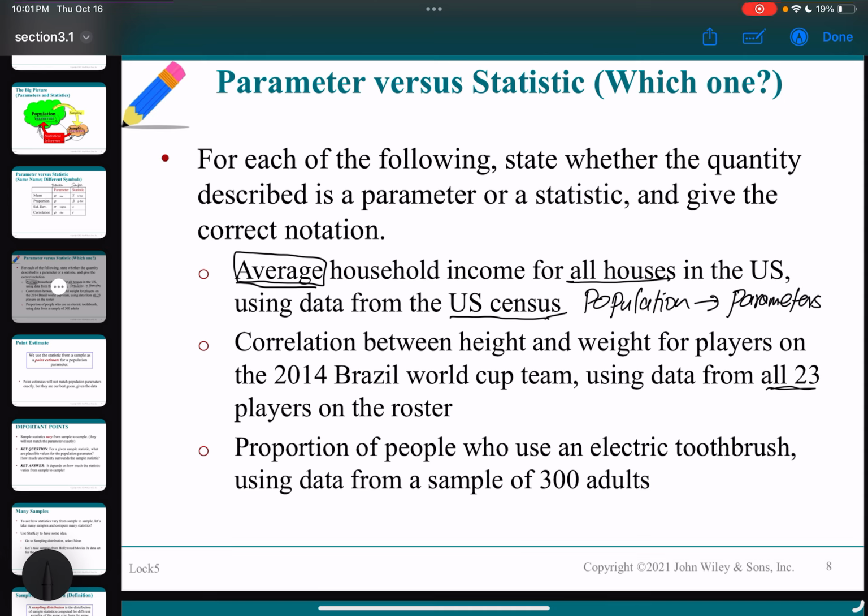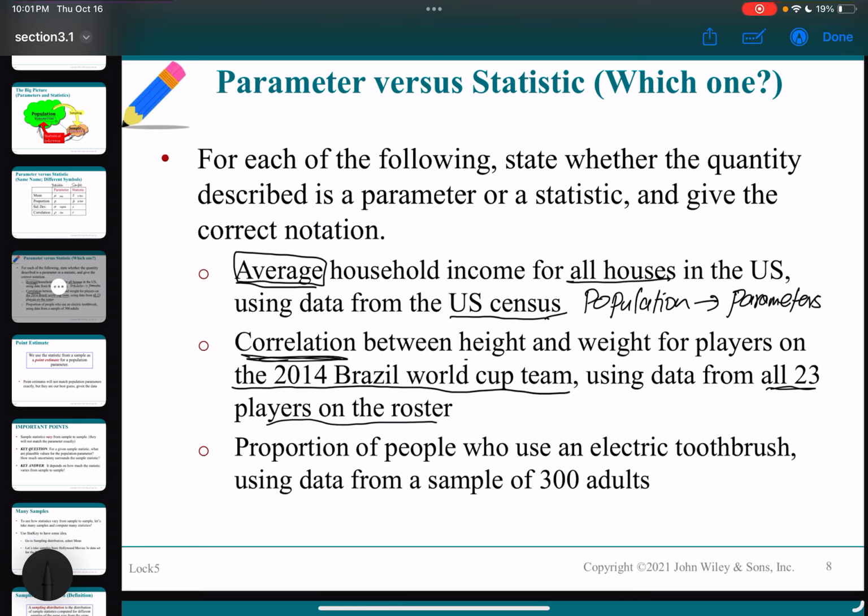So here their scope, or their study plan, is for players on the 2014 World Cup team. They are focusing on the correlation. That's the measurement: correlation between height and weight for players on the 2014 Brazil World Cup team, and they use data from all 23 players in the roster.